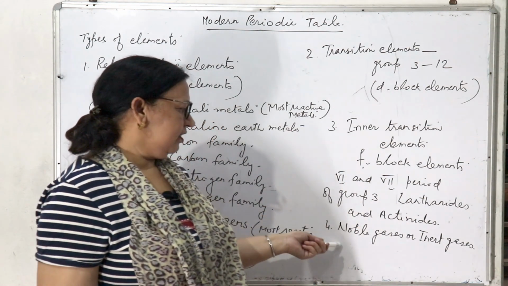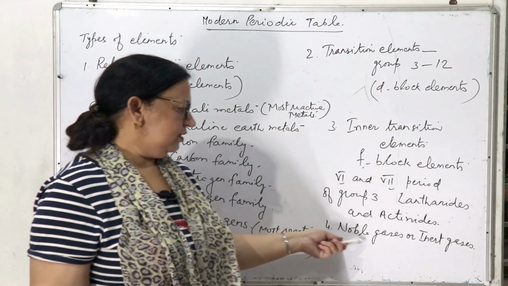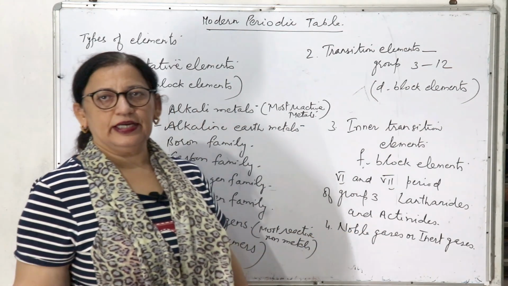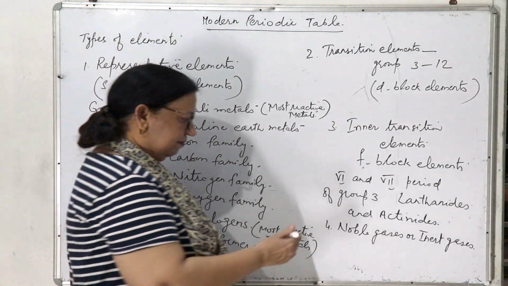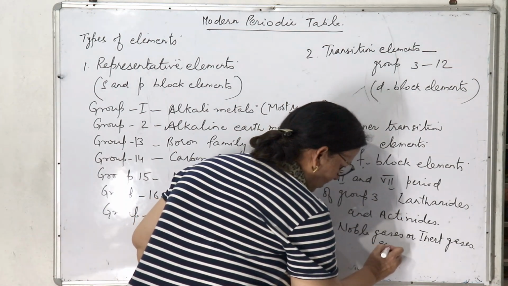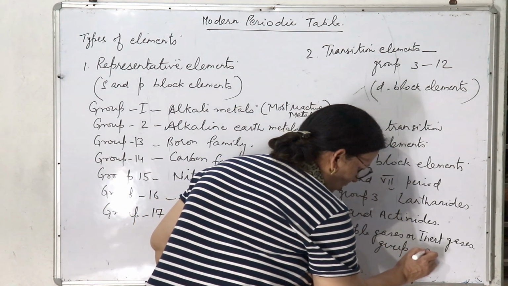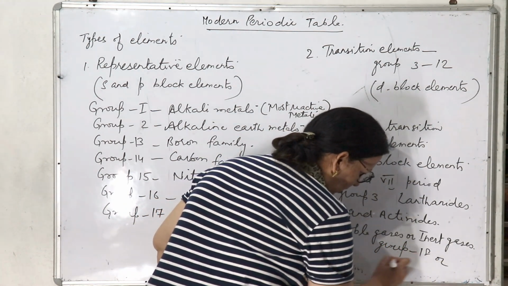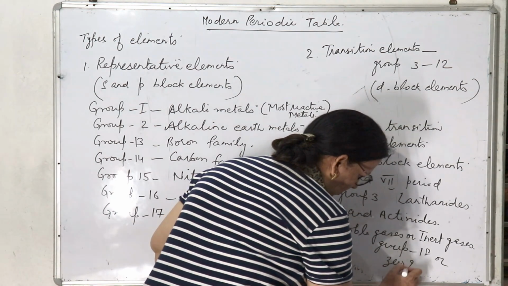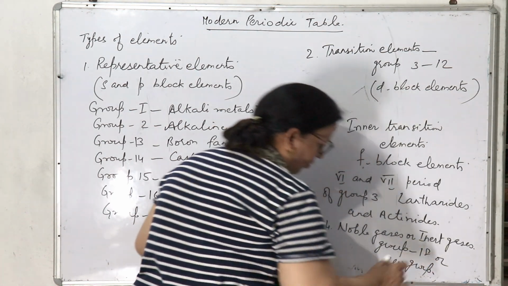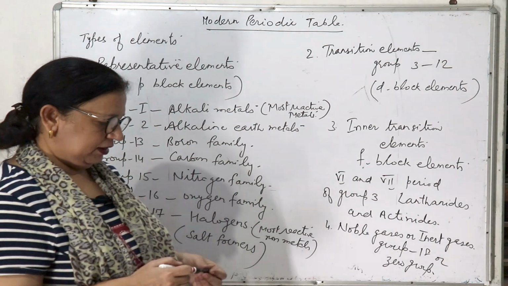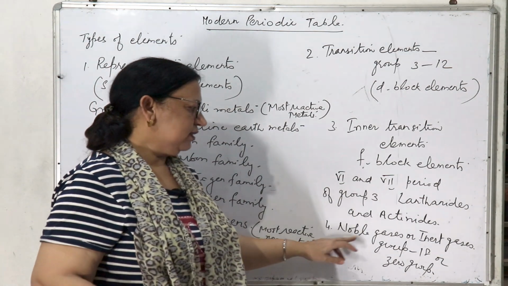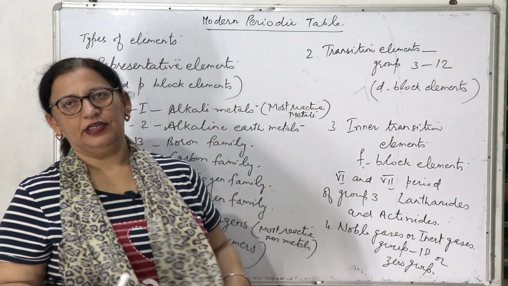And the fourth category of elements is noble gases or inert gases. They are in group 18, which is also called the zero group. Why are they called noble gases or inert gases?